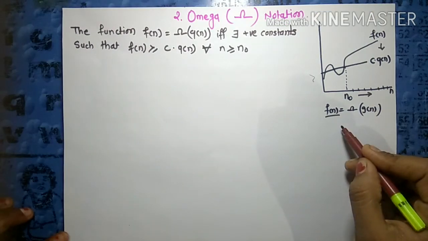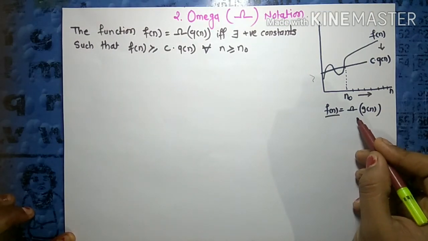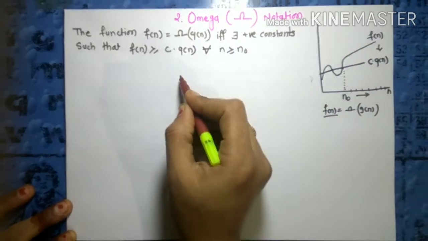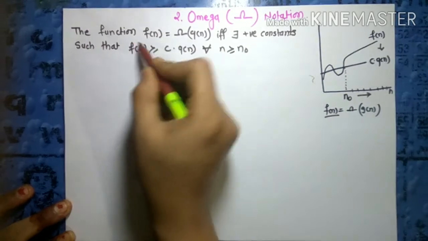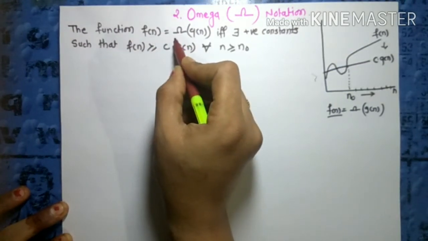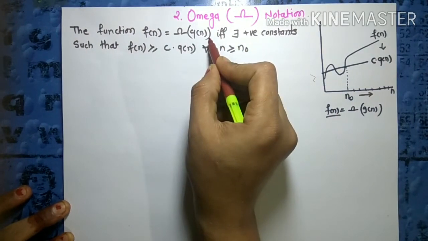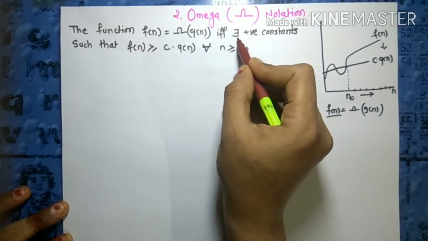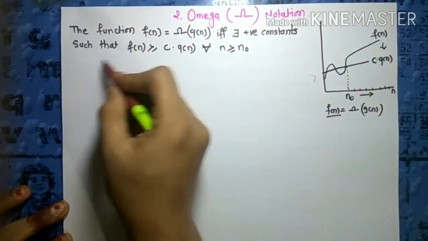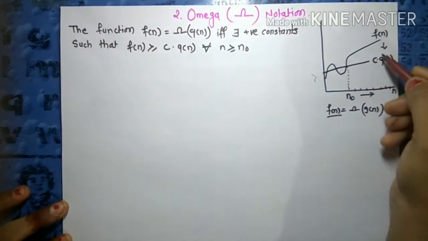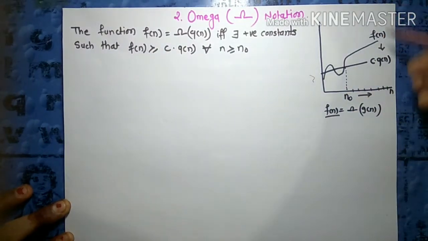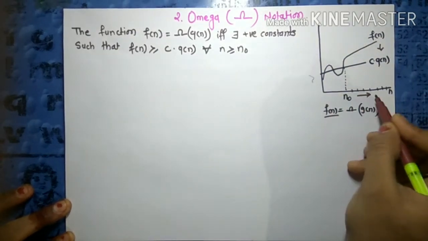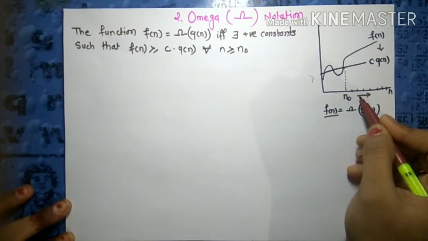For a function f of n equal to omega of g of n, the relation is that the function f of n is equal to omega of g of n if and only if there exist positive constants c and n0 such that f of n should be greater than or equal to c of g of n for all n greater than n0.